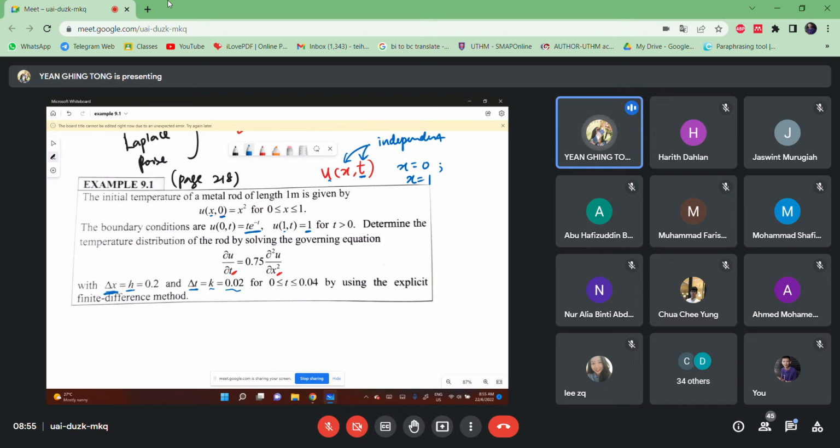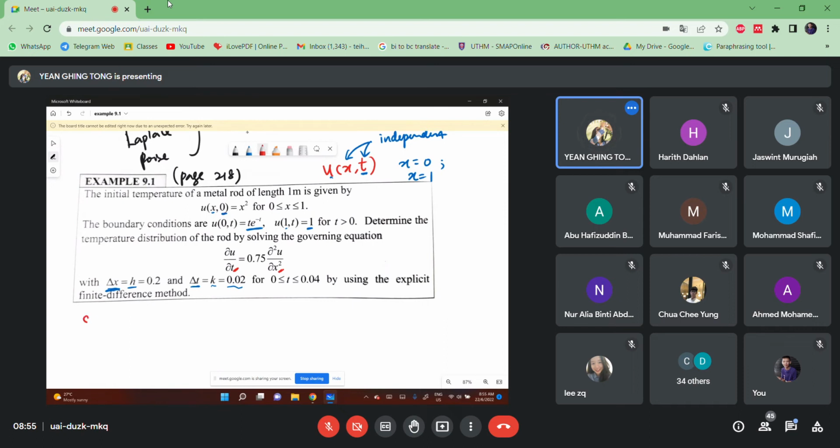So we start with step 1, where we have to draw the grid. From the information given, x is from 0 until 1 and the step size of x is 0.2.